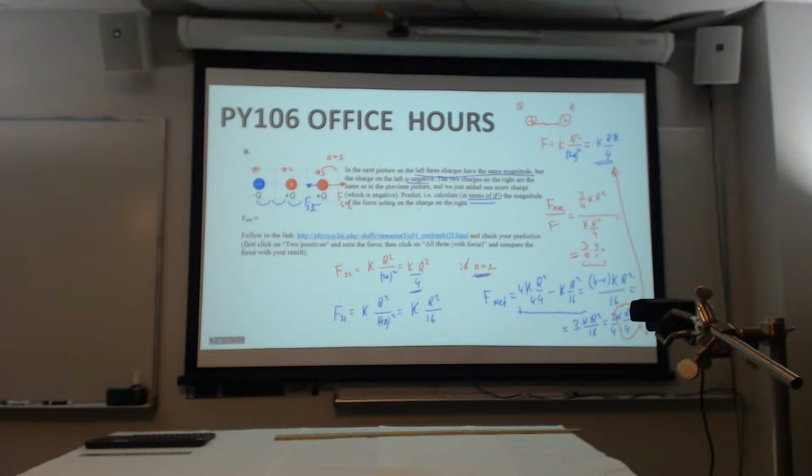Oh, 12 over 16, which is 3 over 4. So you get the same coefficient, the same number. So the answer is 3 over 4, original value of that magnitude. That's how we get to this coefficient.